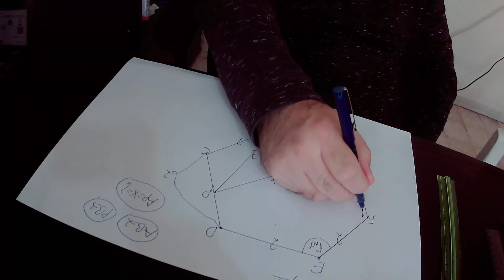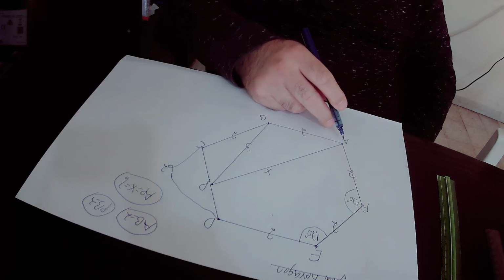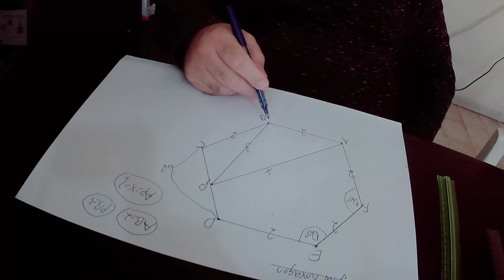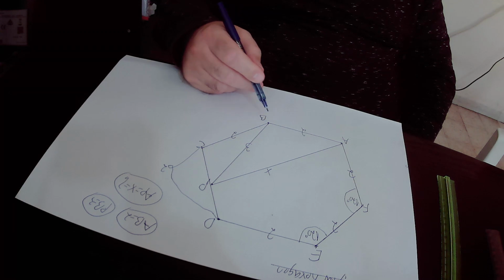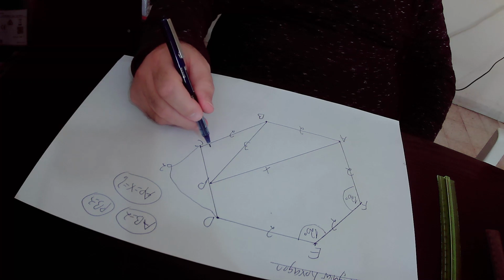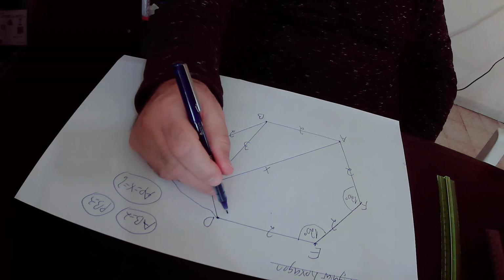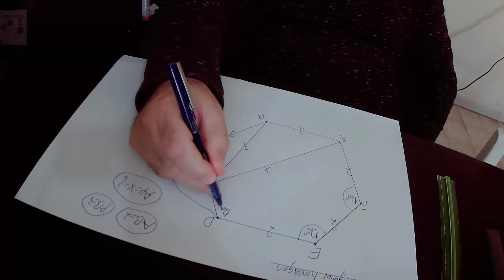This angle equals 120 degrees. This interior angle equals 120 degrees. This interior angle equals 120 degrees. This interior angle equals 120 degrees, and this interior angle is also equal to 120 degrees.